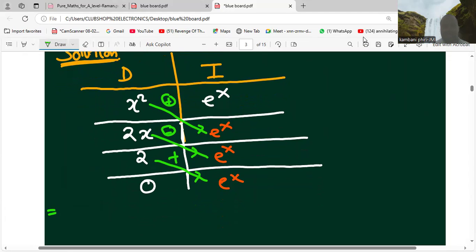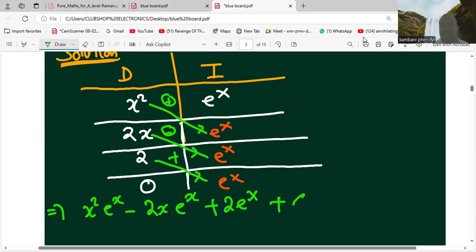What does it mean? So the first one will be positive x squared times e to the x. Then we have minus 2x e to the x. Then plus 2 times e to the x, so we have 2 e to the x plus the arbitrary constant.